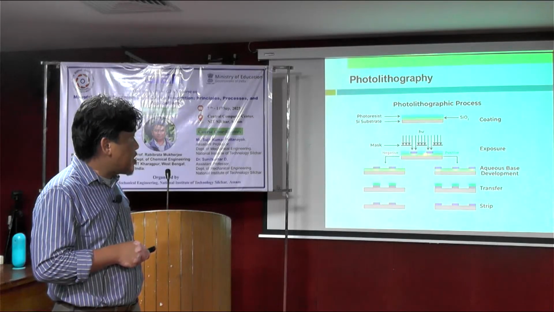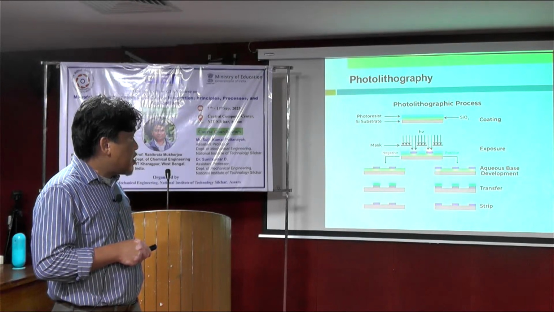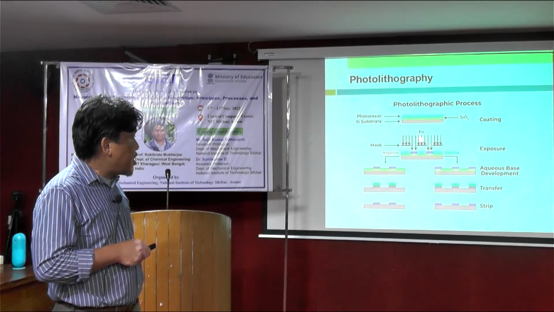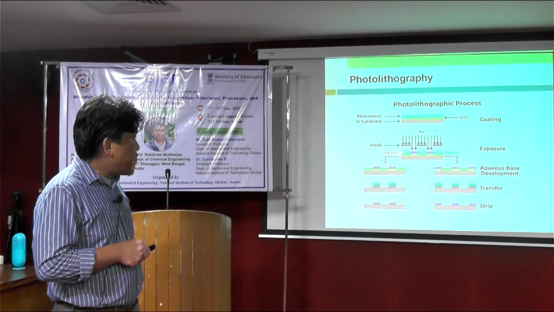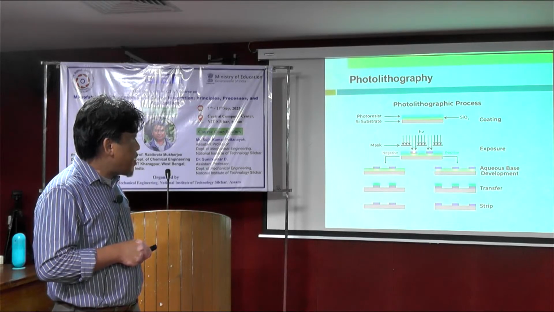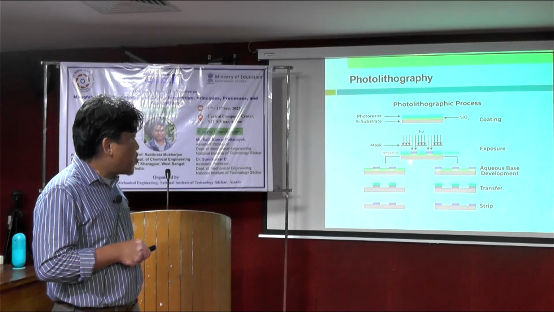You can see that with the same mask, this is the mask here, you expose to UV. Then if it's negative, this will remain. The pattern where it's exposed to the light will be hardened and remain on the substrate.